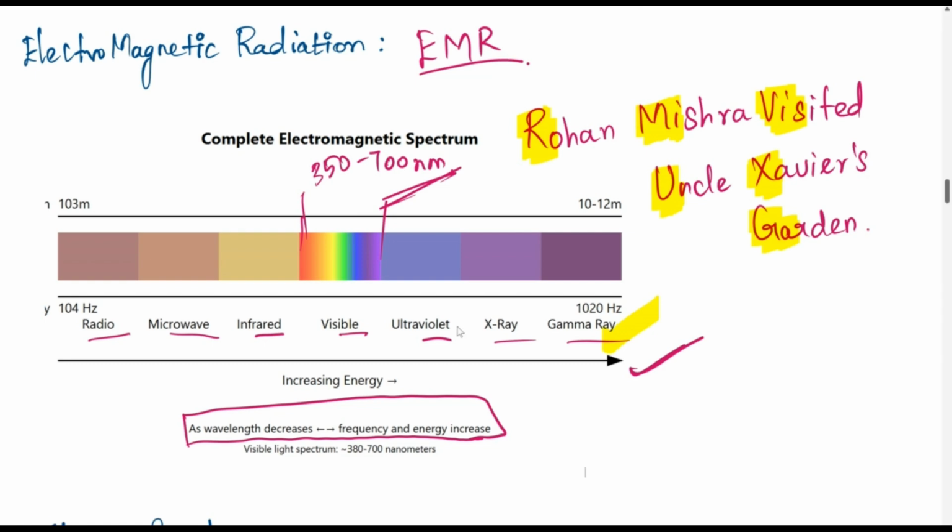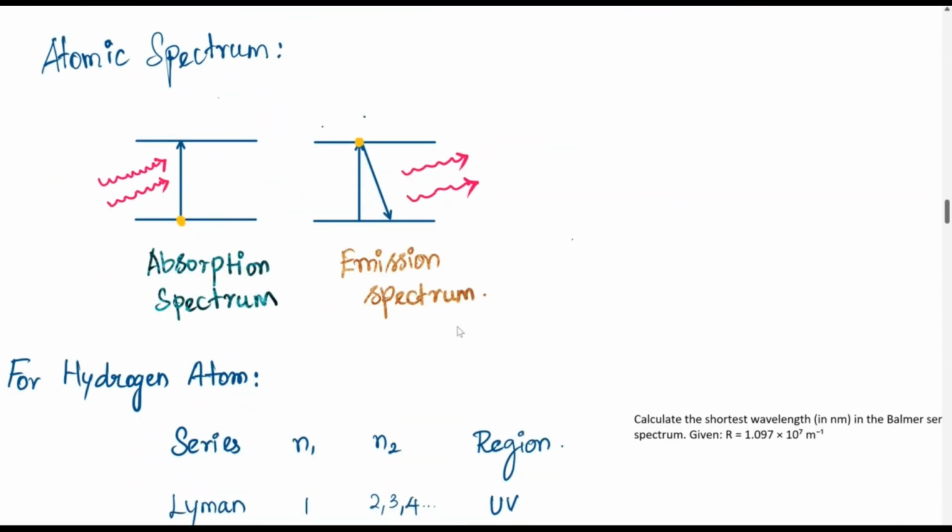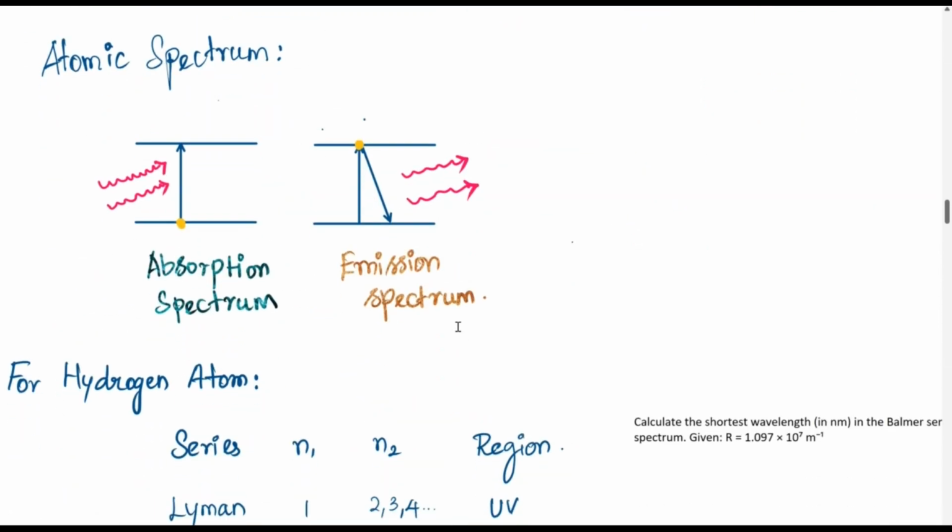to the next important part, that is atomic spectrum. What is atomic spectrum first of all? Let's say you are giving some energy to an atom. Always the electron speaks. That is a representative of the atom, isn't it? So it gains that energy, it absorbs that energy and goes to the excited level. It gets excited. If we are having more energy, we'll dance, sing, and try to lose that energy, right?